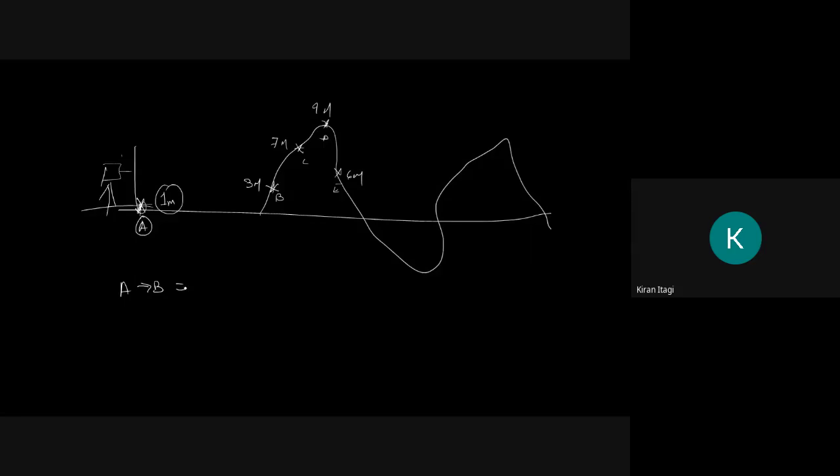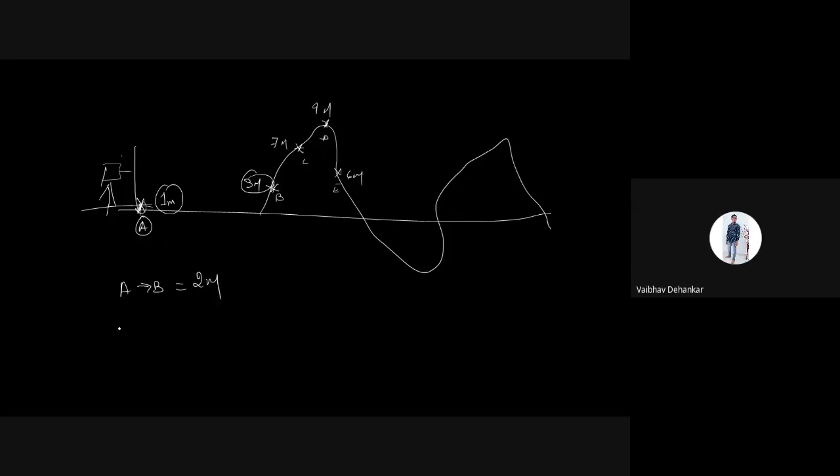You can comment or you can unmute and tell me the answer. What is the height difference between 1 and 3, for A and B? That is 3 minus 1, how much? 2 meter.